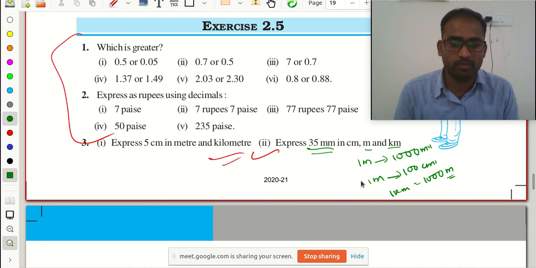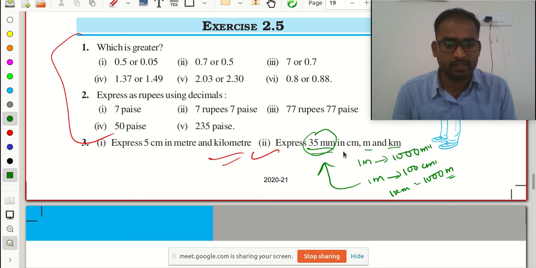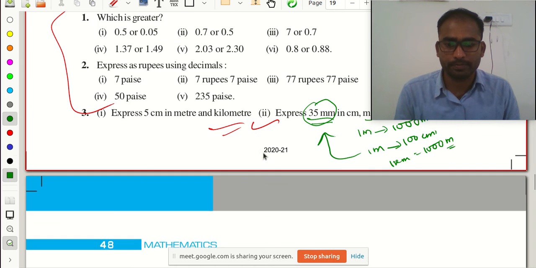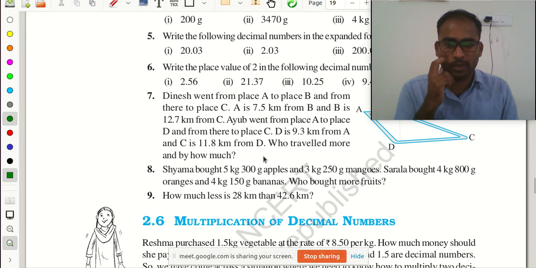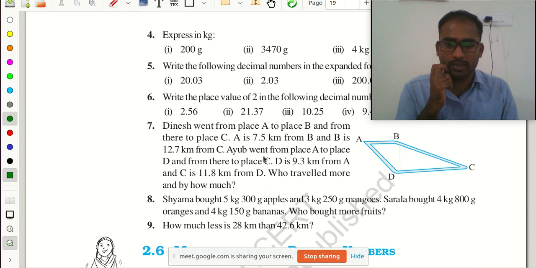Then from this you can convert this 35 mm into meters, centimeters and kilometers. The remaining problems are also simple.